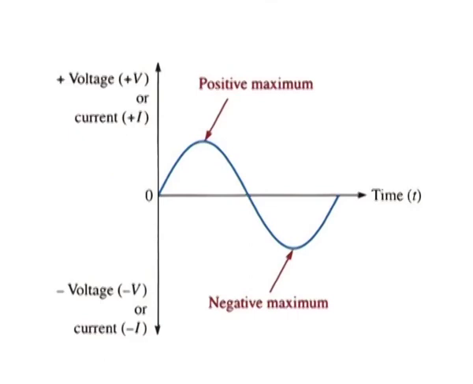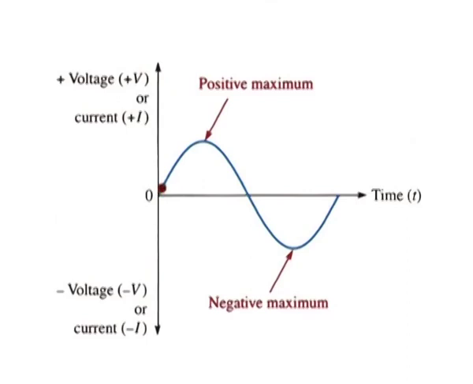This figure here is a graph showing the general shape of a sine wave, which can be either an alternating current or an alternating voltage. Voltage or current is displayed on the vertical axis and time is displayed on the horizontal axis. Notice how the voltage or current varies with time.